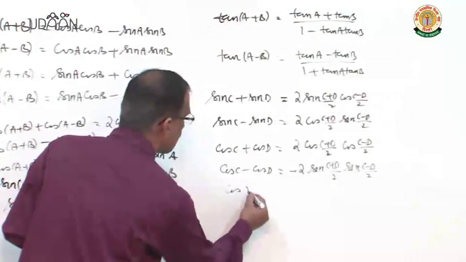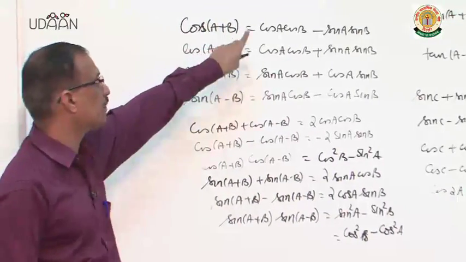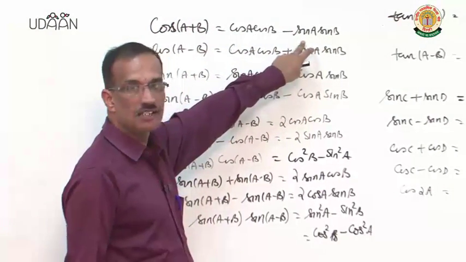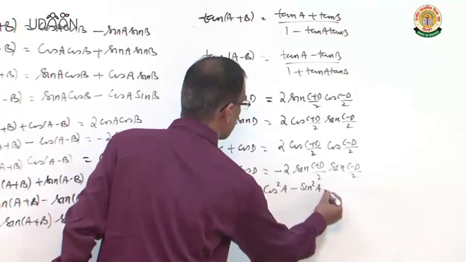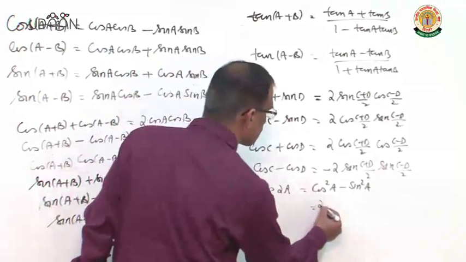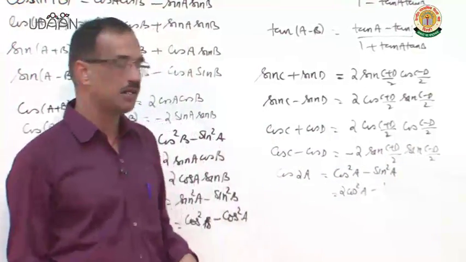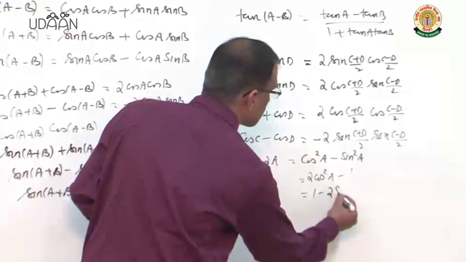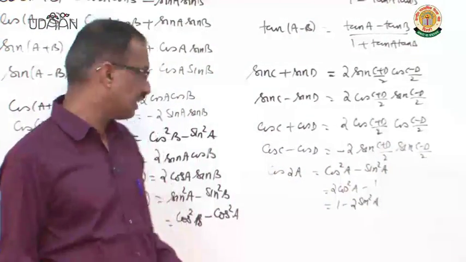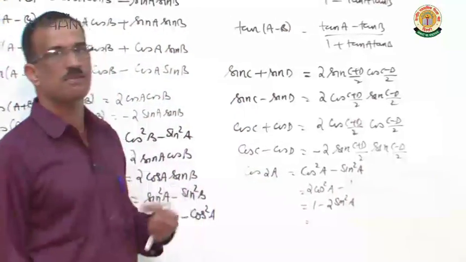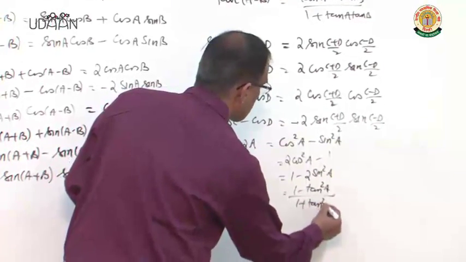Replacing B with A in cos(A+B), you get cos 2A, which is cos squared A minus sin squared A. In another way, you will write this as 2 cos squared A minus 1, because sin squared A is 1 minus cos squared A. Or you can write 1 minus 2 sin squared A, because cos squared A is 1 minus sin squared A. The same thing we can write in terms of tan also, that is (1 minus tan squared A) upon (1 plus tan squared A).